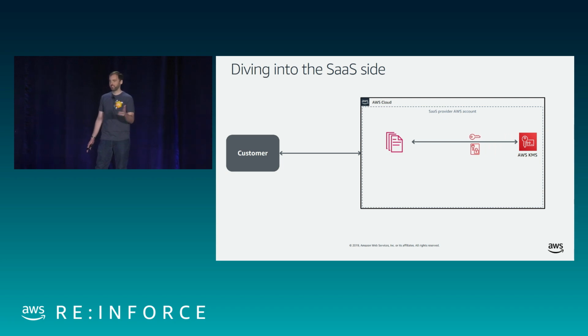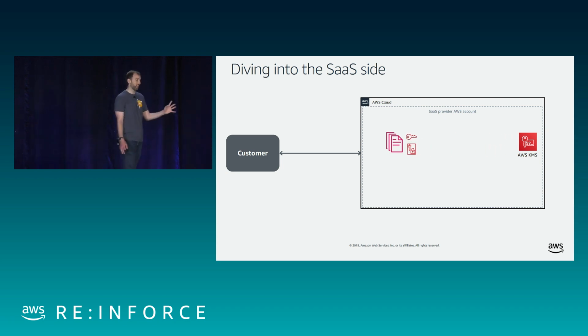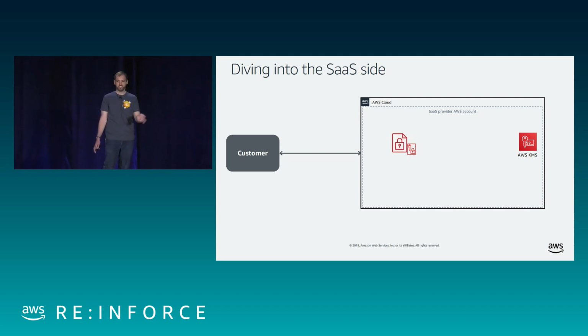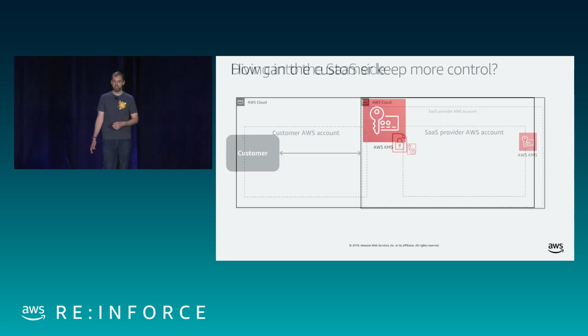Sorry, they're going to get the plain text and encrypted data key in their AWS account, the SaaS AWS account. Use it to encrypt the data, delete that data key when they're done, the plain text data key, store it together, and eventually they can encrypt it. All this happens in the SaaS provider account. The customer has no control anymore over the keys or encryption other than making a request through the SaaS.